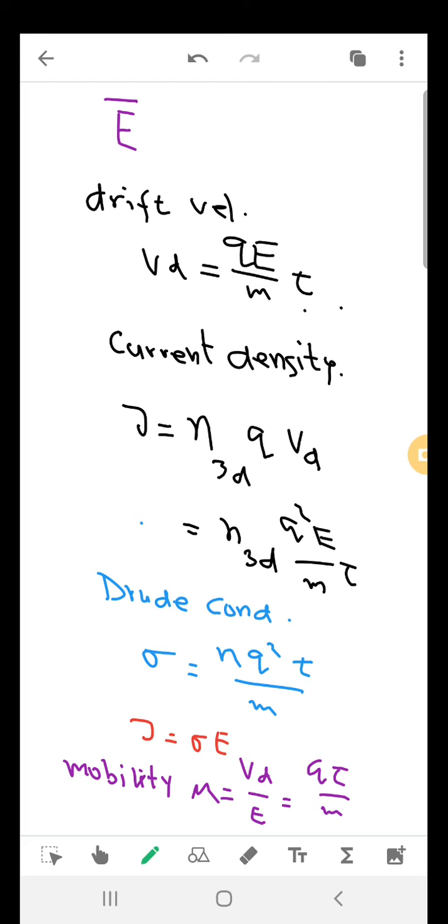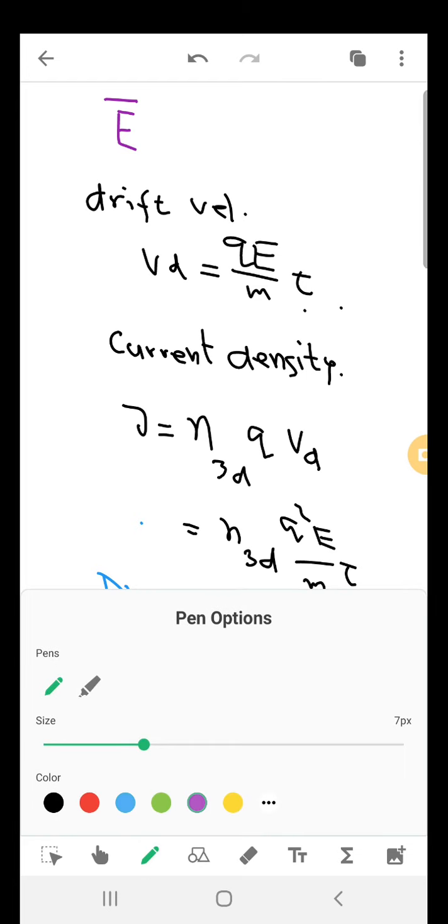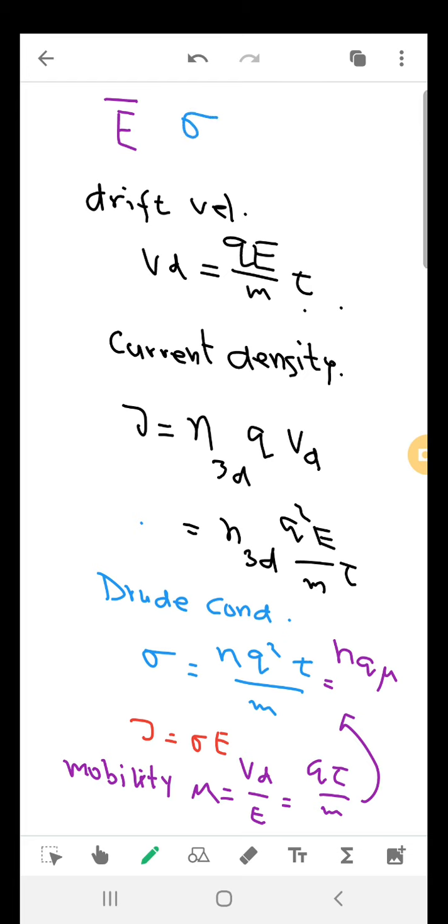If you put the value of mu here, we ultimately come up with sigma equal to n q mu. So according to Drude, conductivity is given as n, the electron density, into the electronic charge, into the mobility of the electron. This is the Drude formula.